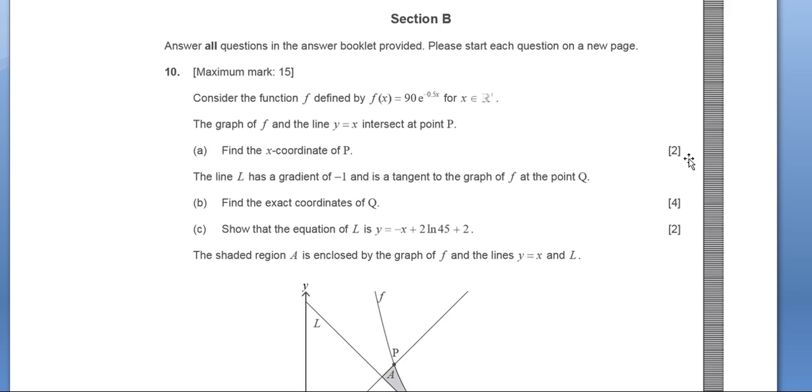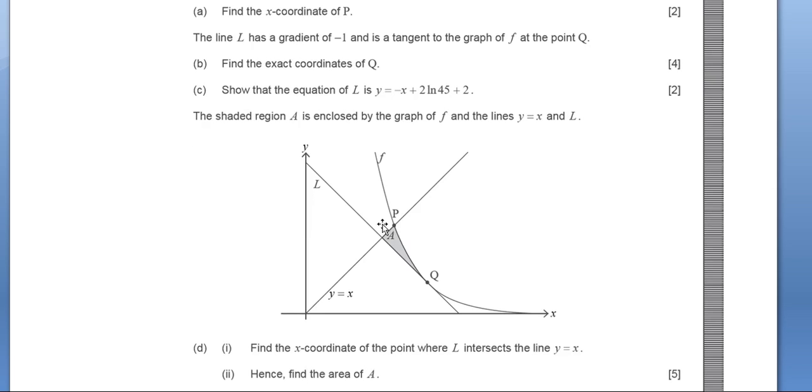Section B. Consider the function. Find the x-coordinate of P. So we have some function, y equals x, intersected.